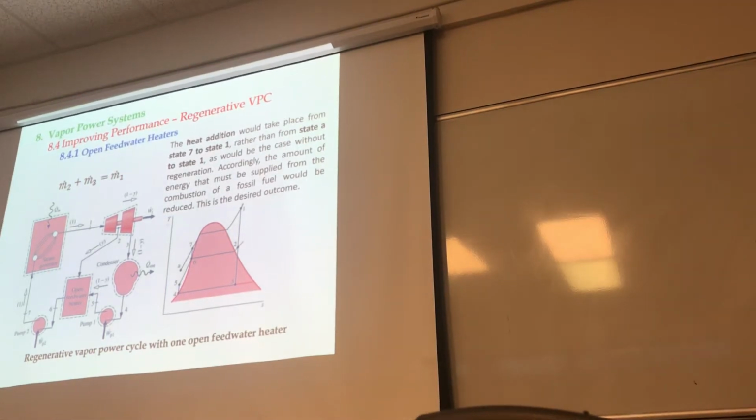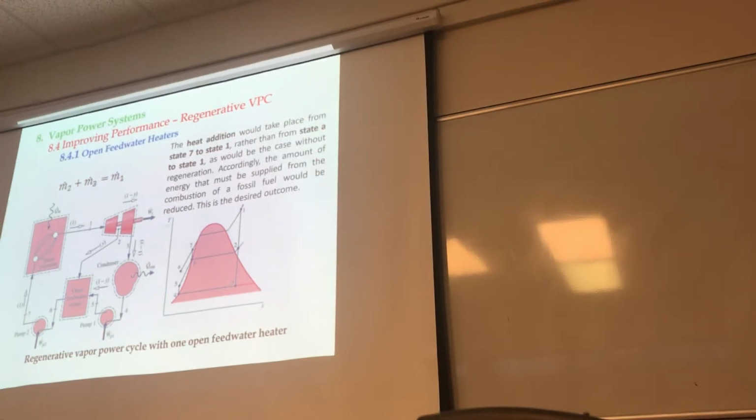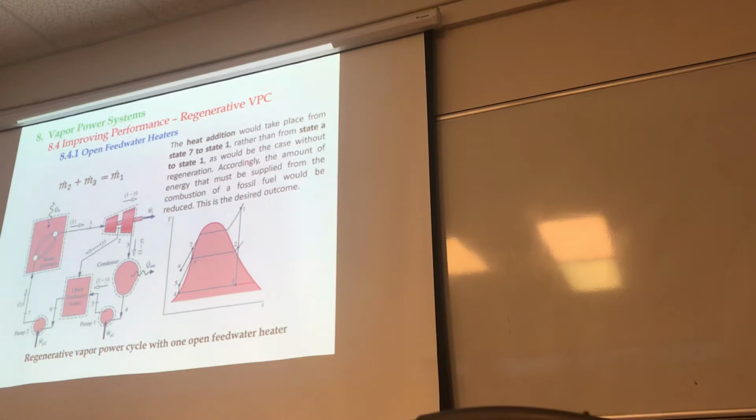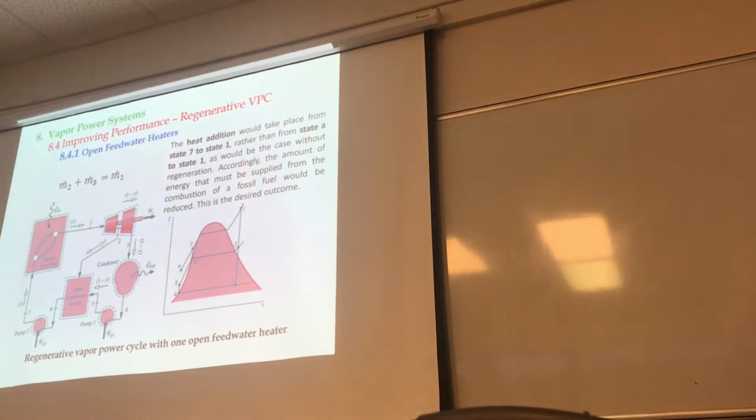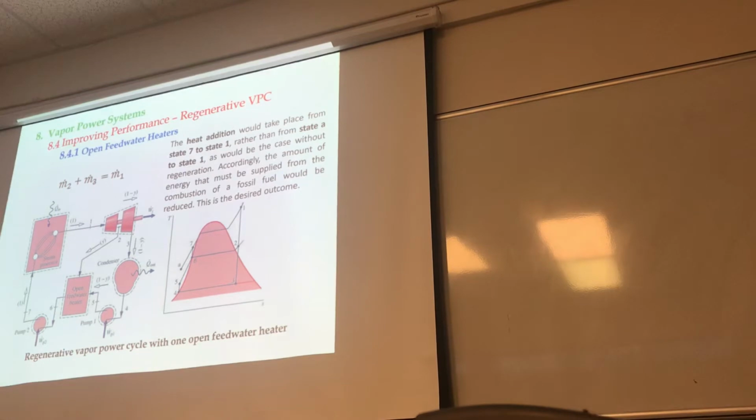All right. So the heat addition here obviously would take place from state 7 to state 1 rather than state A to state 1, as would be the case without regeneration. Accordingly, the amount of energy that must be supplied, again, you're heating up from a higher temperature instead of starting from A. That means you're not going to use as much fossil fuel, right?